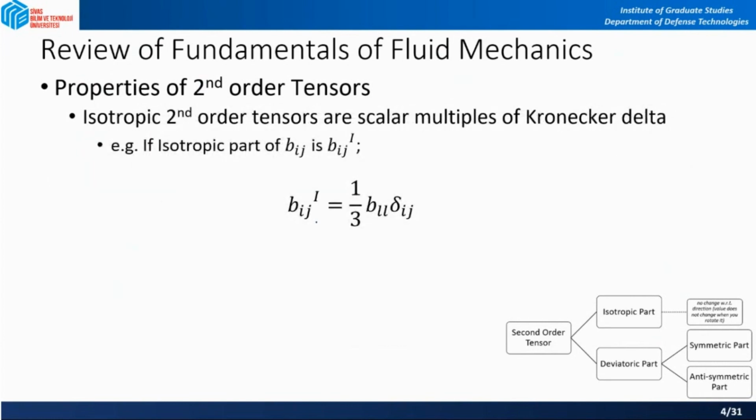The isotropic second order tensors are scalar multiples of Kronecker delta. So these are all properties, okay? What does this mean?